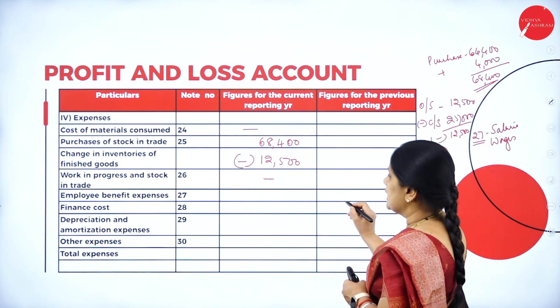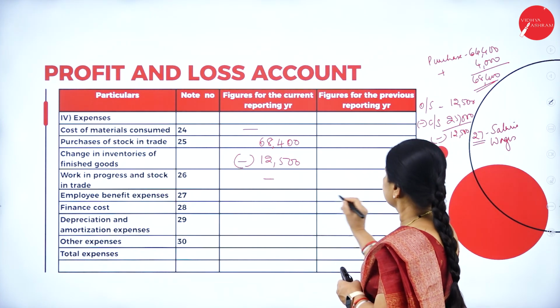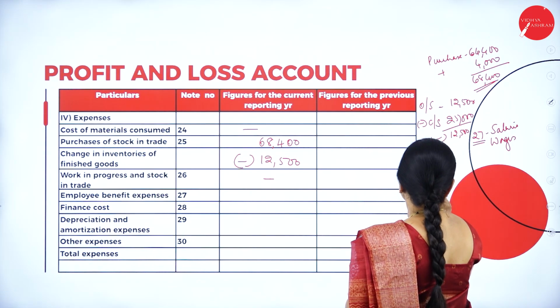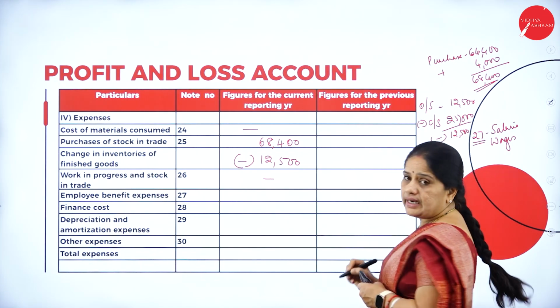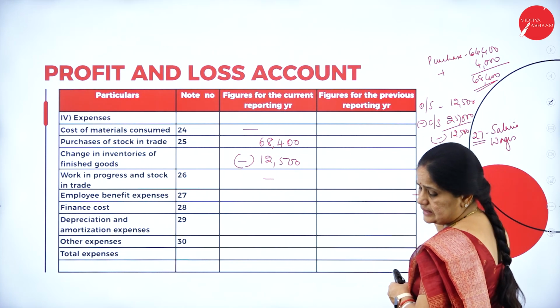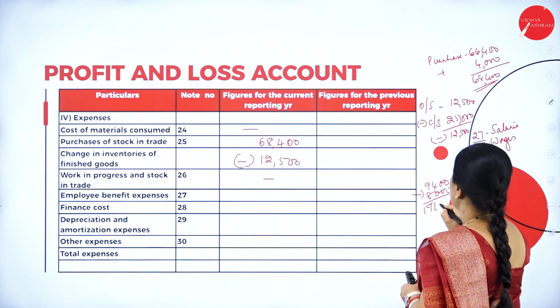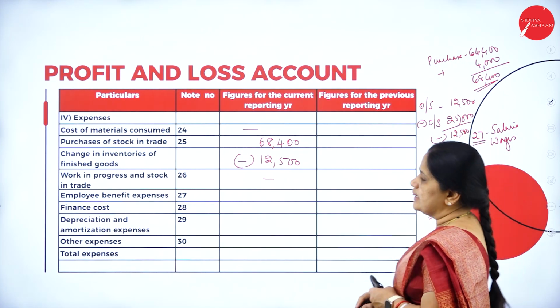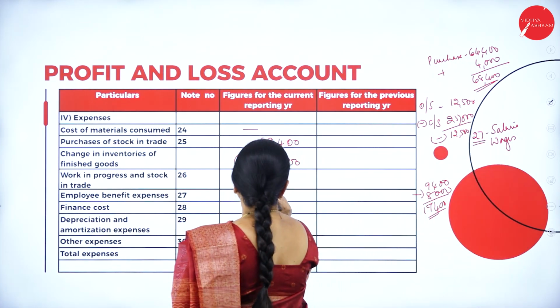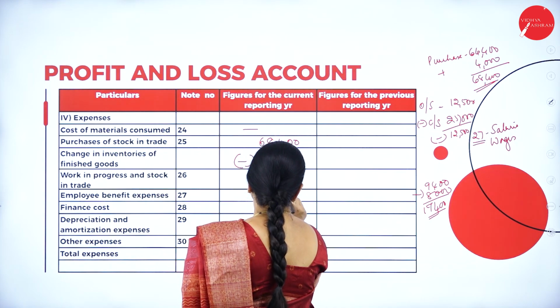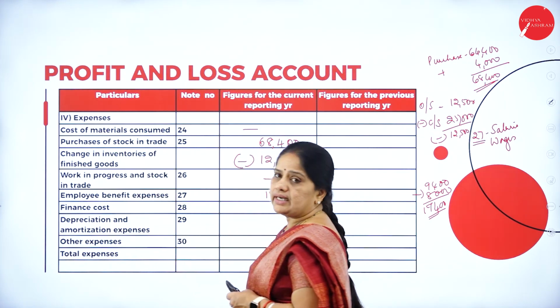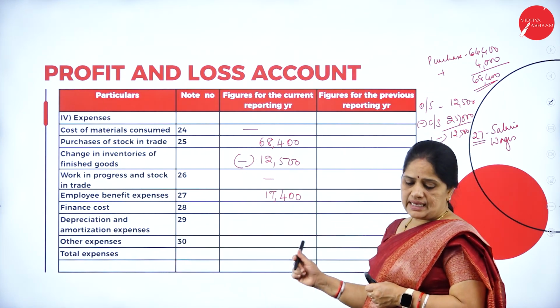Salaries is 9,400 plus 8,000. So this is 17,400. So this employee benefit expenses is 17,400.